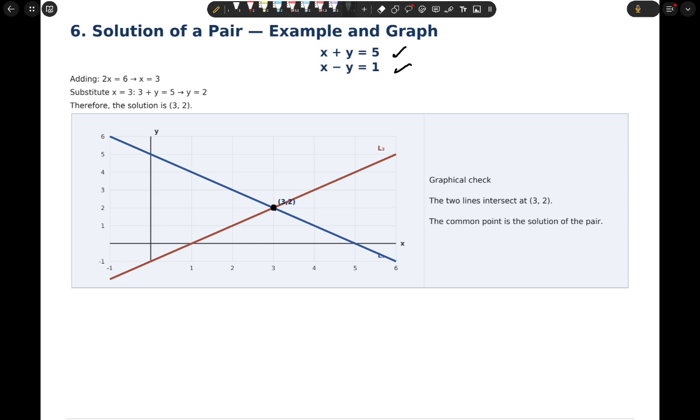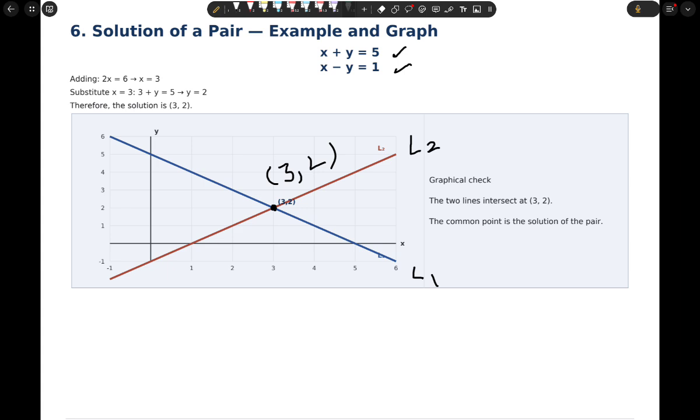So this blue line represents line L1 while this brown line represents line L2. And what we see when we plot these two lines is that they intersect at this point, and this point represents the coordinate 3 comma 2, which is called the common solution of these two linear equations. Right, how can we check whether it is a solution or not?